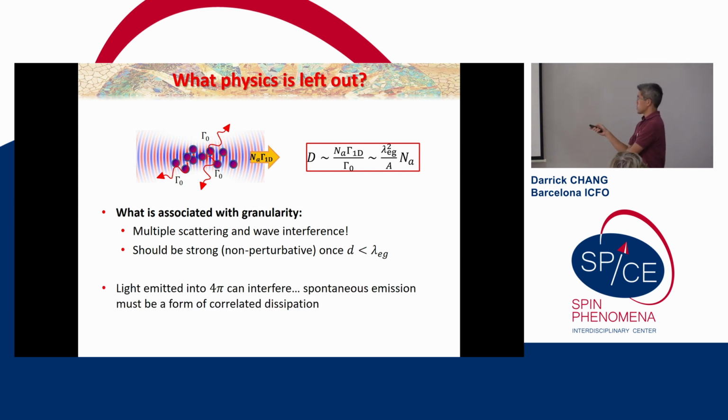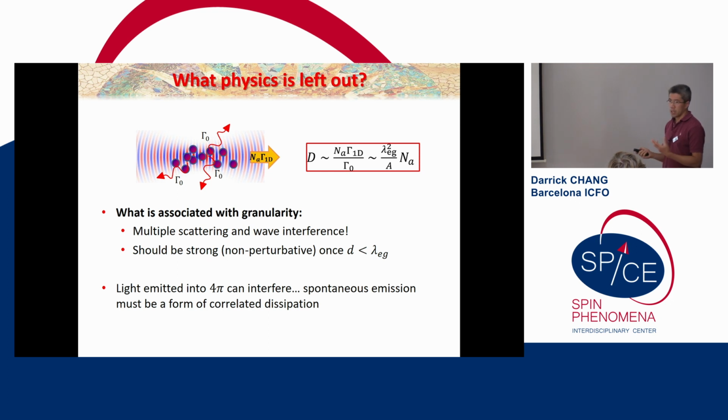What's important in terms of the kind of cartoon picture I presented earlier is that when you have wave interference, you realize that the light emitted into 4 pi, which you say you're losing and that you don't want to occur, is a wave interference phenomenon. Right? To calculate the far field energy, I have to account for interference from my sources, which are the different atoms.